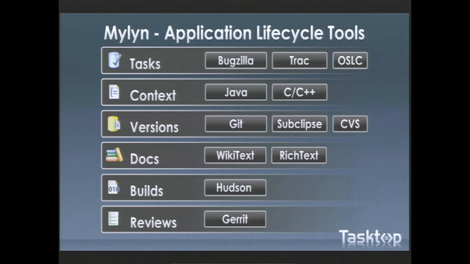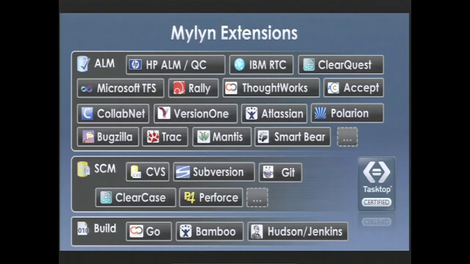These are the ones that are part of the Eclipse Mylyn project. And beyond that, there's a huge ecosystem of some commercially available connectors, some open source connectors that are developed outside of Eclipse.org that build on that very same framework that we created.